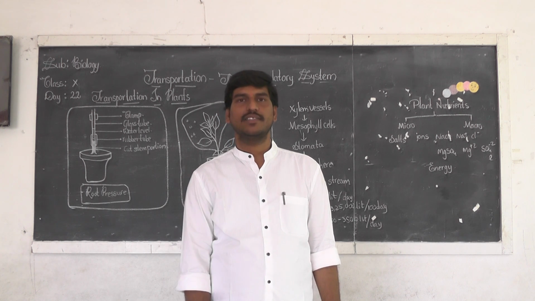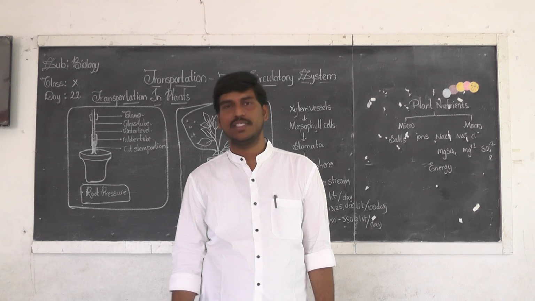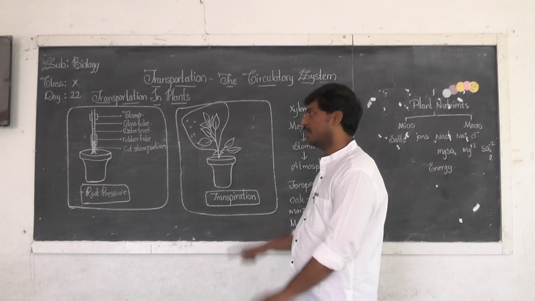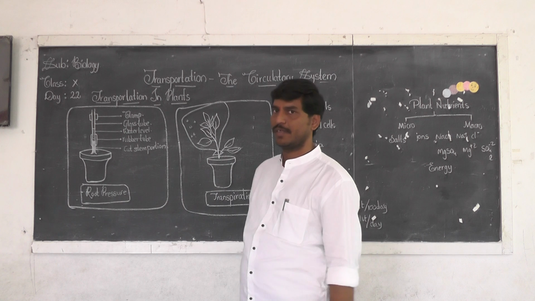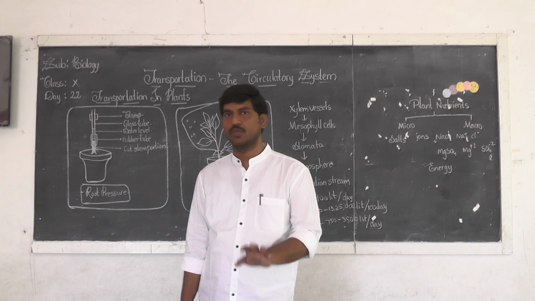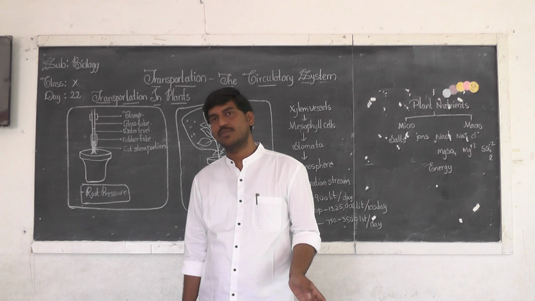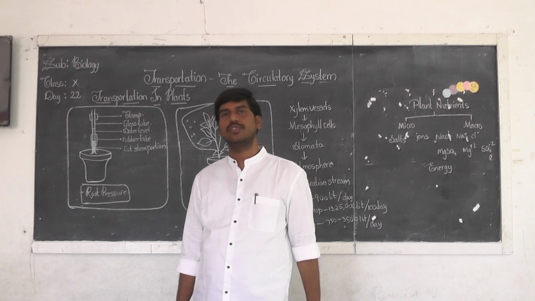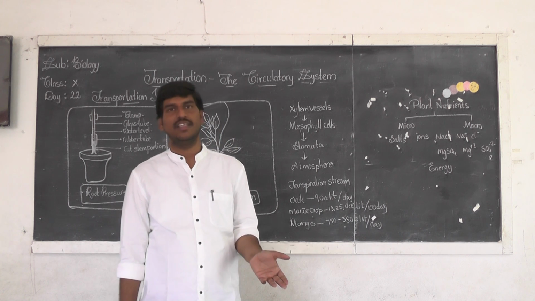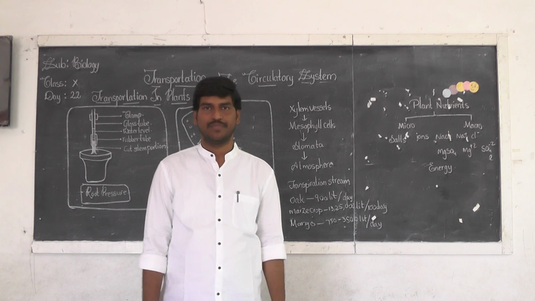Now today, let us see how this water is transported to all of the plant body. Generally, we water the plant at the root, and this water is absorbed at the root. That is the reason the xylem vessels are exterior in the case of the root.